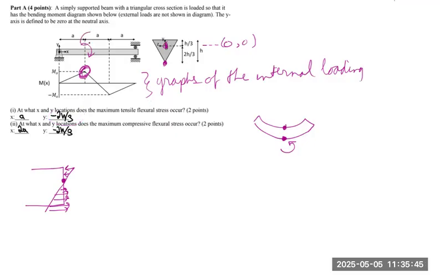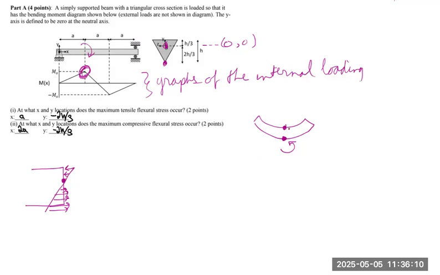And it occurs at A because A is where there is a counterclockwise internal moment, which corresponds to the beam bending upwards like this smiling face.